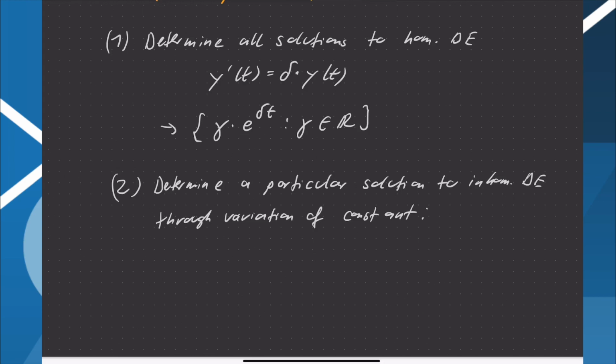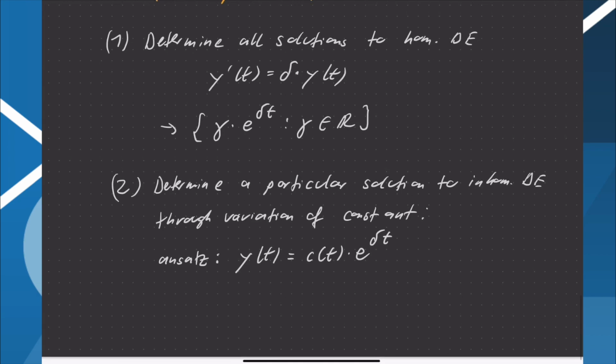Okay, what we do here is we use the ansatz y of t is equal to some function c of t times e to the delta t.